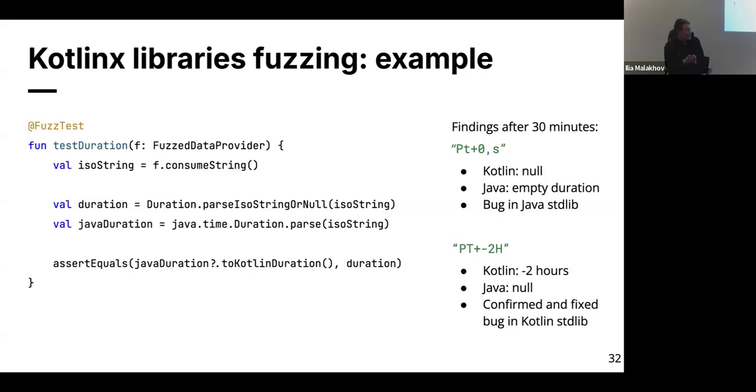So, when we fuzzed Kotlin, we found a bug in Java. On the other hand, with the second string, Kotlin parses it as -2 hours, while Java fails. And this time, Java's behavior is correct, and this is a bug in the Kotlin standard library, which was fixed.